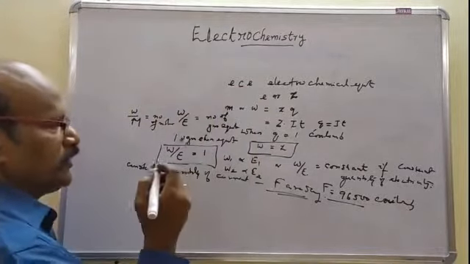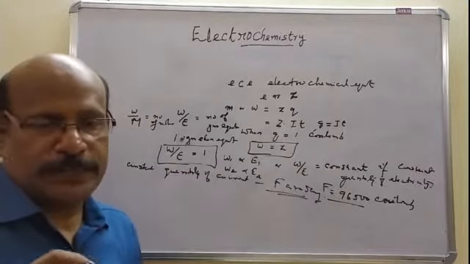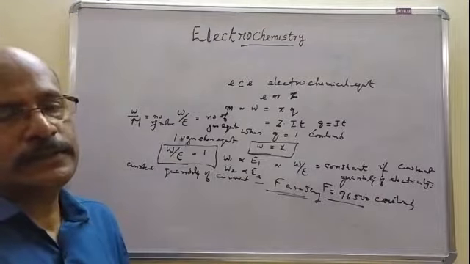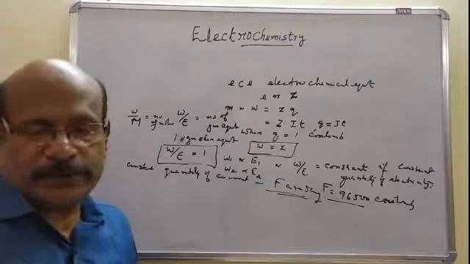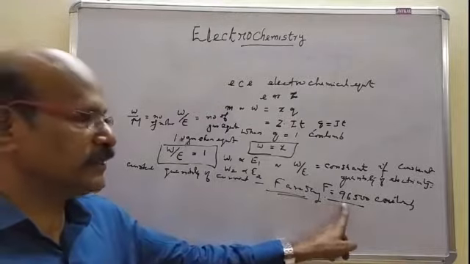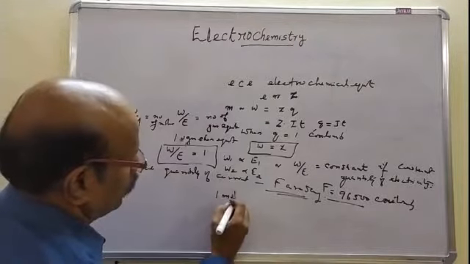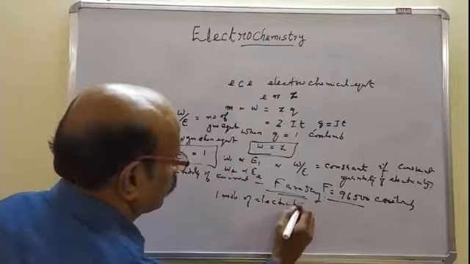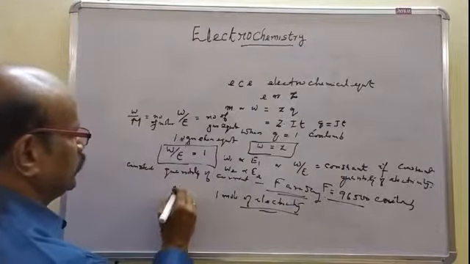You know that the unit charge of electricity is coulombs, and it is equal to the charge of the electron. Suppose we have the Avogadro's number of electrons or Avogadro's number of charge, then Faraday stands for that. So Faraday stands for 1 mole of electricity, N into e.